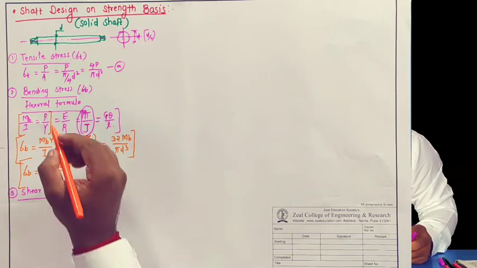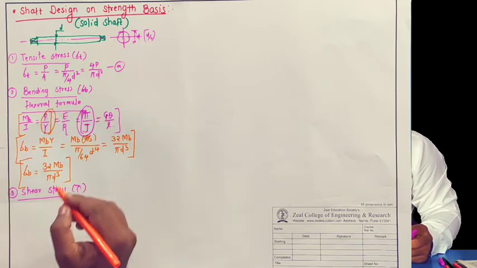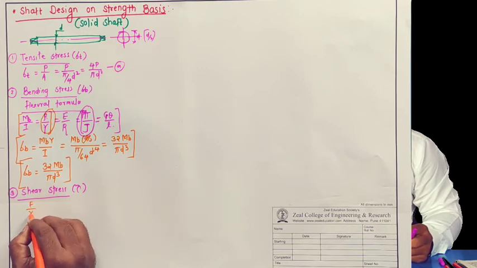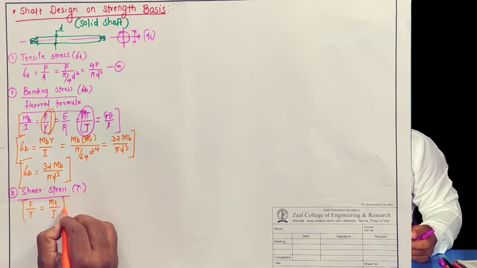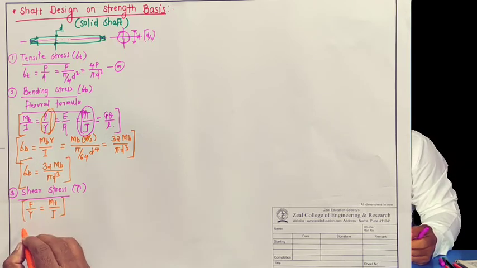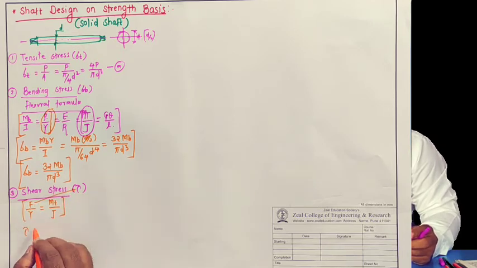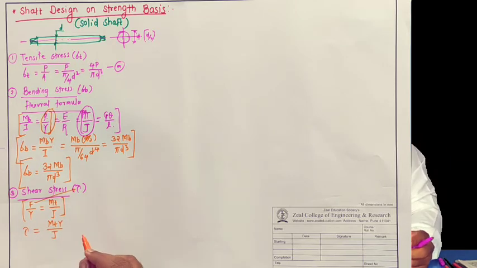If I equate these two equations, F by Y is equal to torsional moment divided by polar moment of inertia. So shear stress, tau, is equal to MT Y by polar moment of inertia.